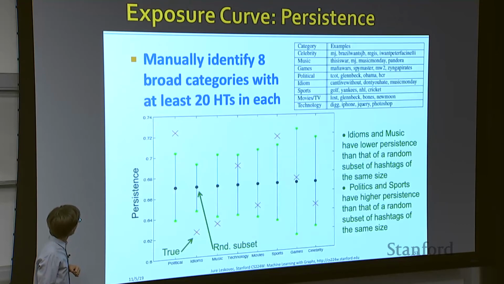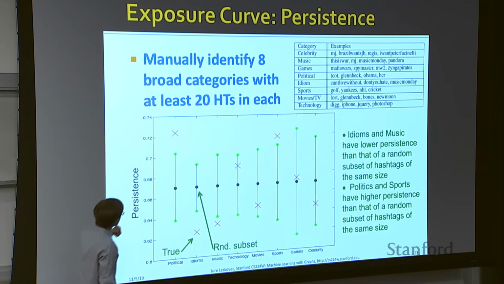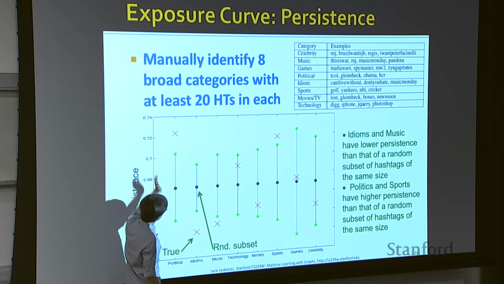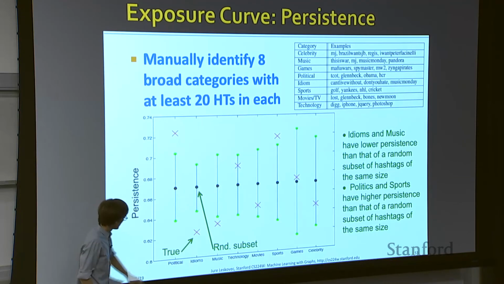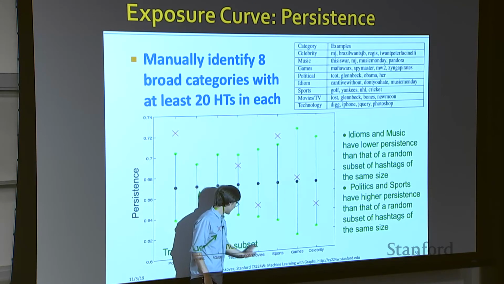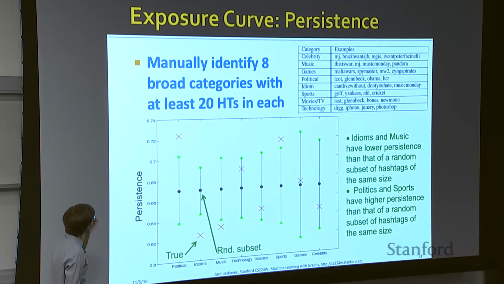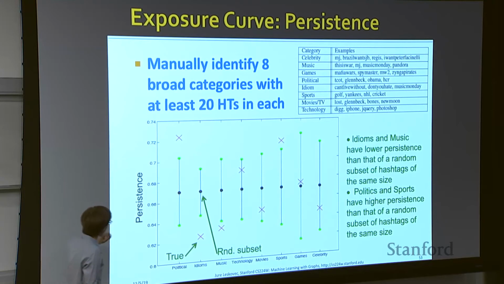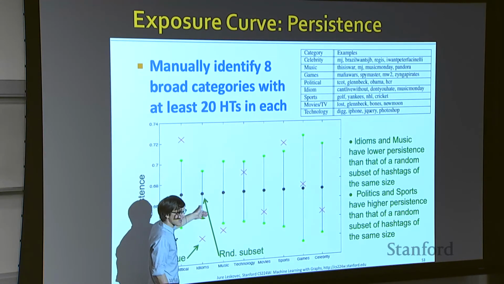Okay. So here is what they find. What they do is they put the hashtags in different groups: political, music, ideology, technology, movies, sports, and so on. And for every group, they also come up with a random null model.